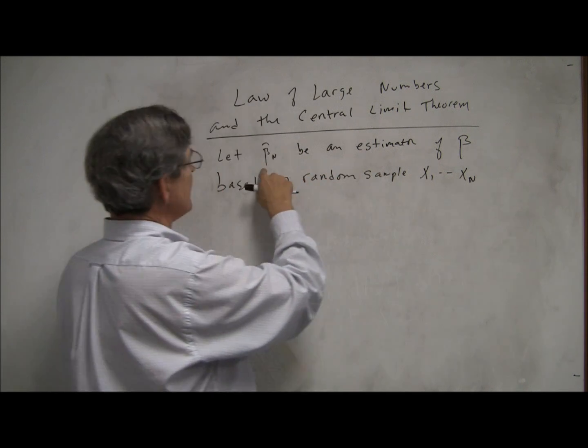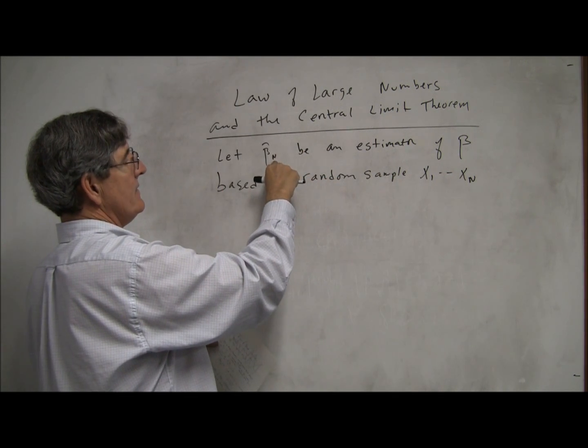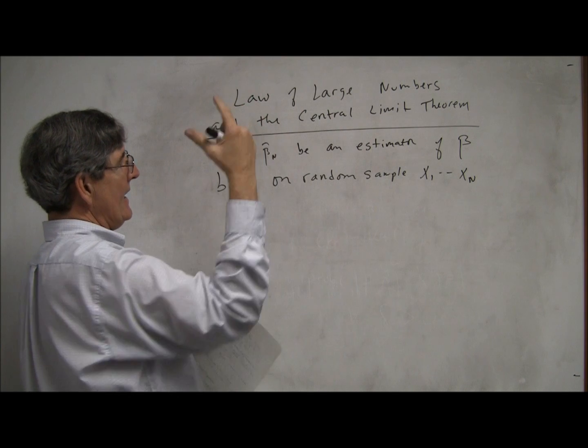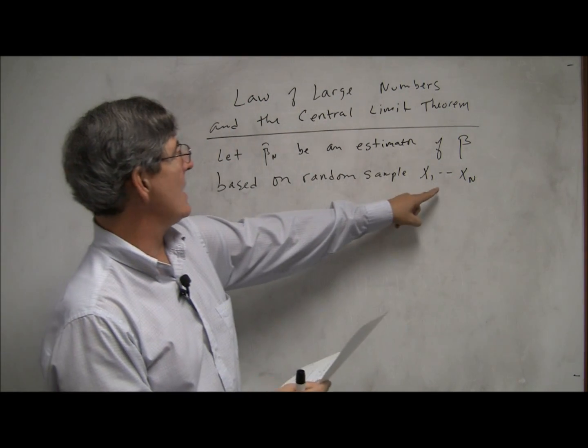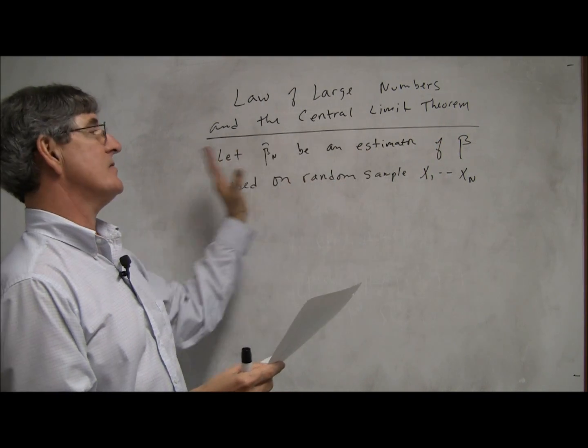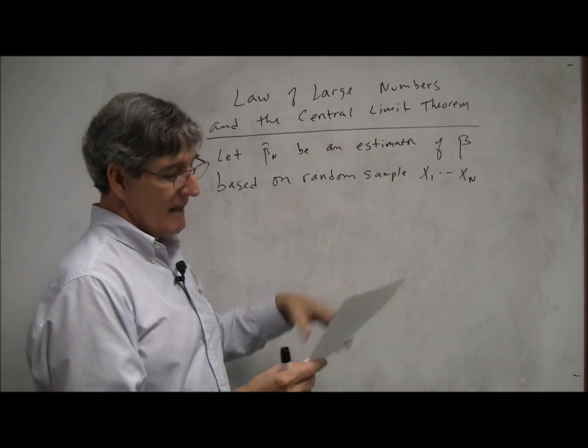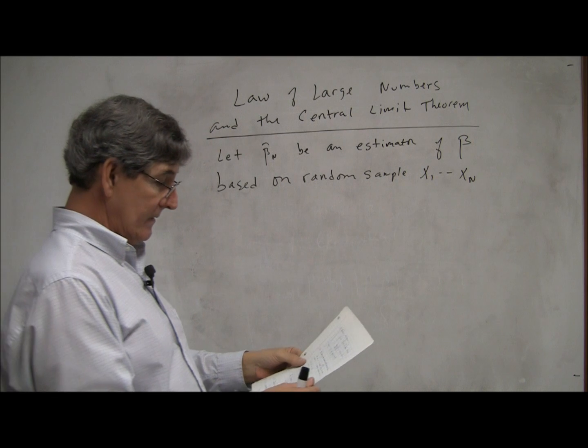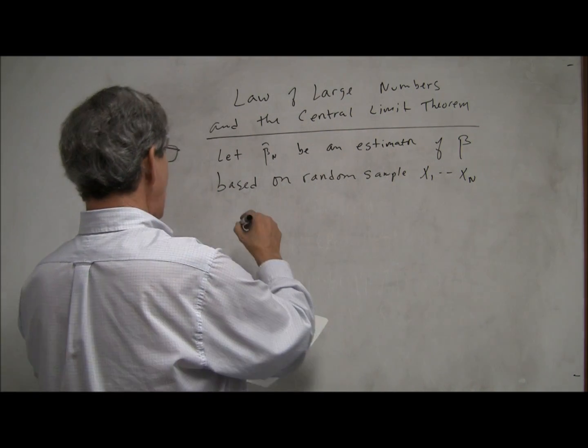So I'm just saying this estimator is based upon just n observations. So this could be the mean. Beta hat n could be x bar for n observations, and this would be mu, for instance. But this is true for, this could be the variance. It could be any estimator. Doesn't really matter.